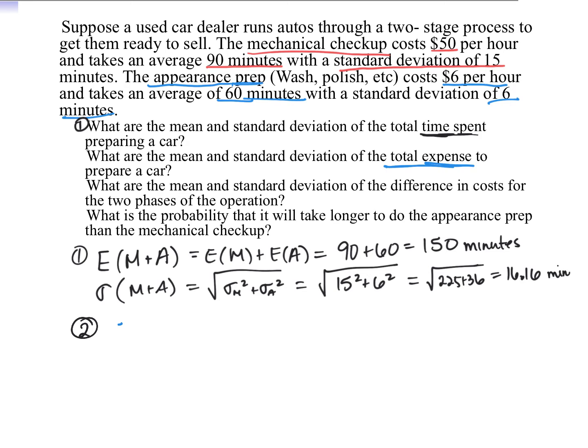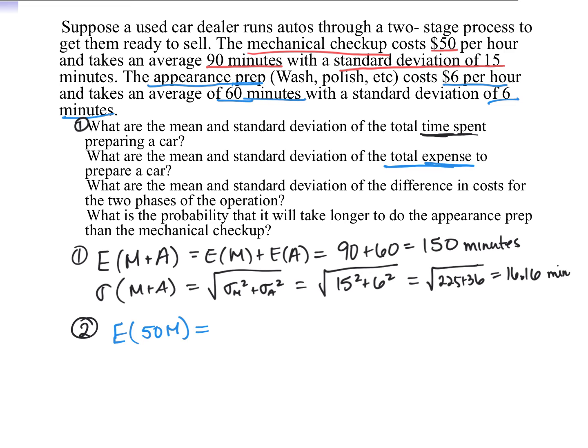So that's the expected value of 50 M. 50 times the time would give you how much it's going to cost them, right? But it's per hour, right? We're definitely not paying $4,500.